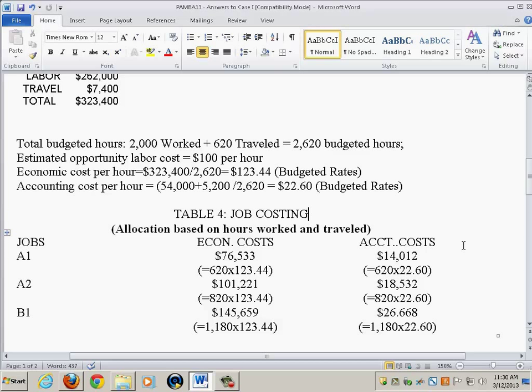So if we have more information or we want to do a more sophisticated approach and they're really different, we can say, hey, wait a minute, an hour that I devoted to A2 is a much more complex job than A1, and therefore an hour that I devoted to A2 is more valuable, more heavy.